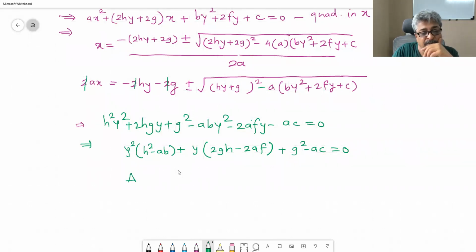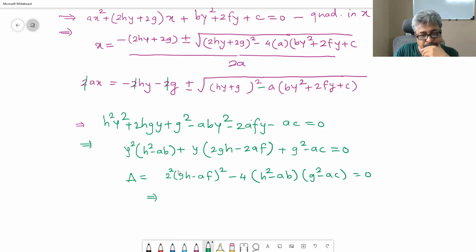So delta of this quadratic is, let us take 2 common, 4 into (gh minus af) square minus 4 (h square minus ab) into (g square minus ac) should be equal to 0, and that makes it (gh minus af) bracket square, 4 gets cancelled, minus (h square minus ab) into (g square minus ac) should be 0.